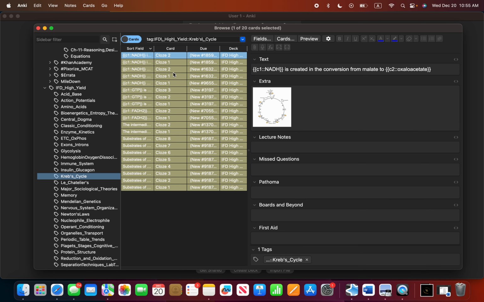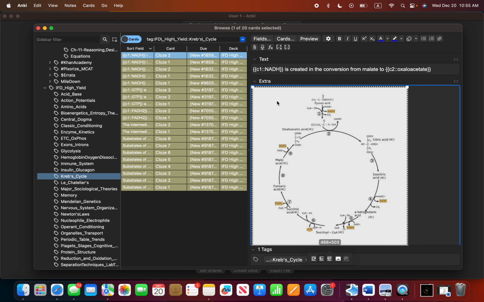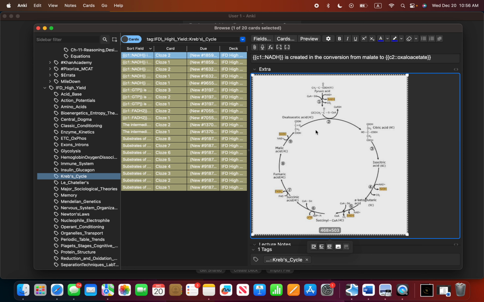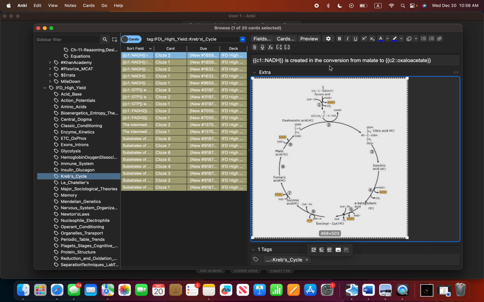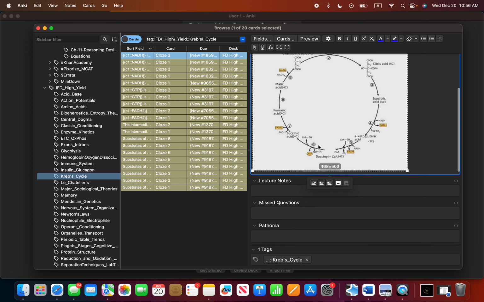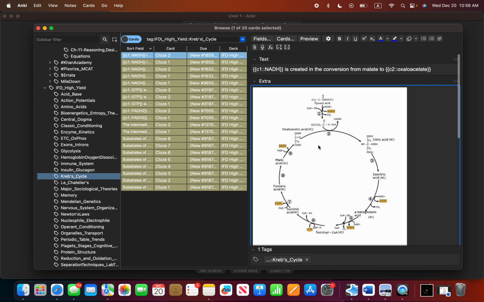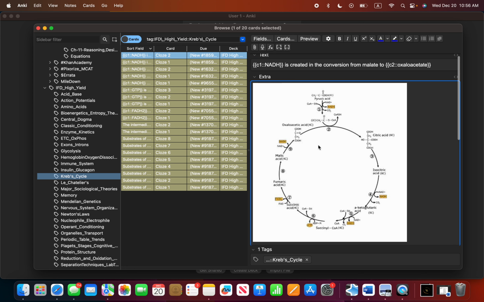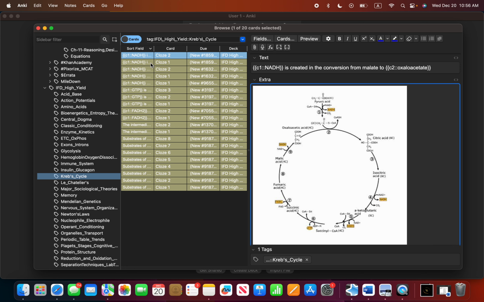Okay, next thing is that we have the Krebs cycle. This is the picture. We can definitely expand it here, right? NADH is created in the conversion from malate to oxaloacetate. Oh, so for the Krebs cycle, we just need to know every single step of these cycles in detail, right?